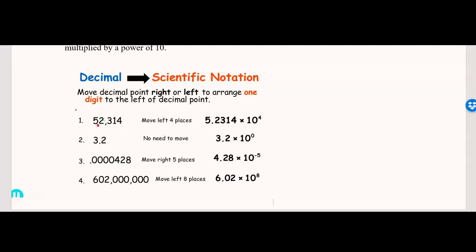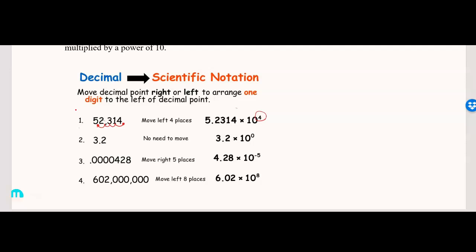So I have just the ones unit on the left. Notice over here we wrote 5.2314. Now to know to what power you're putting the 10, you count how many decimal places you have to move to get to the end. So I'd have to go 1, 2, 3, 4. I'd have to move 4 places, and that's where we get 10 to the 4th.